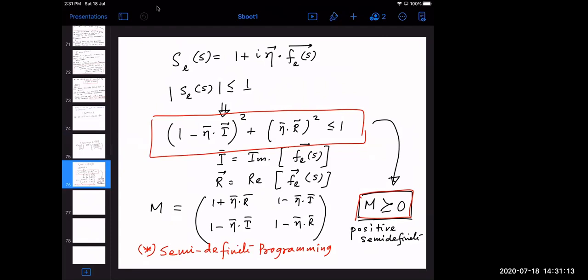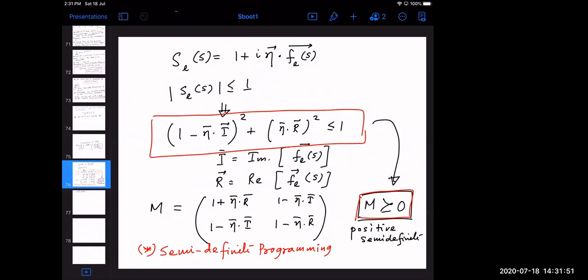This is actually taken from this paper, 17.806.765.